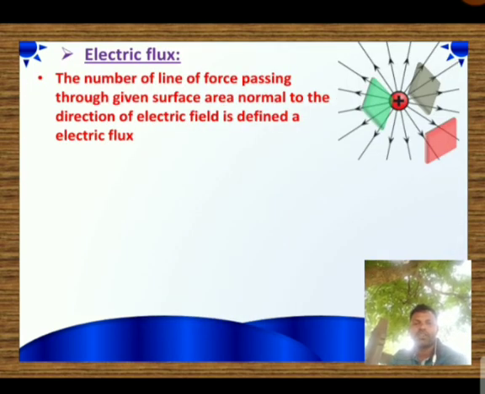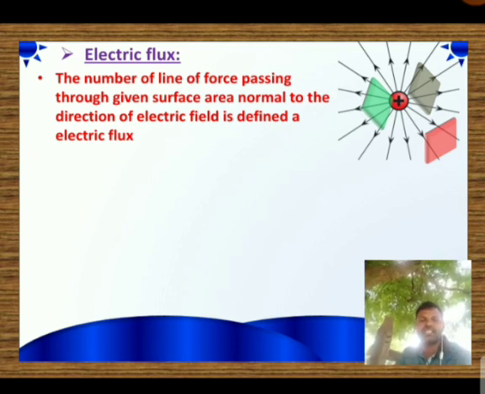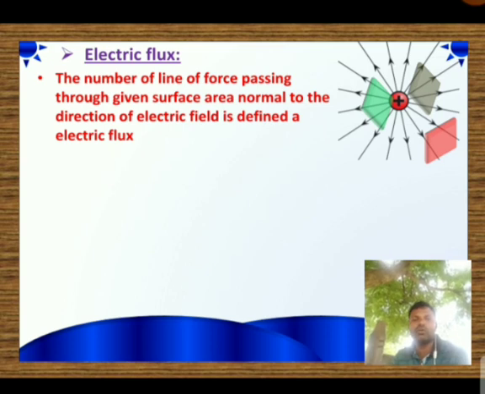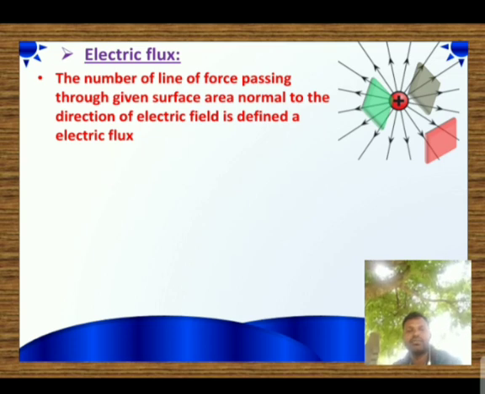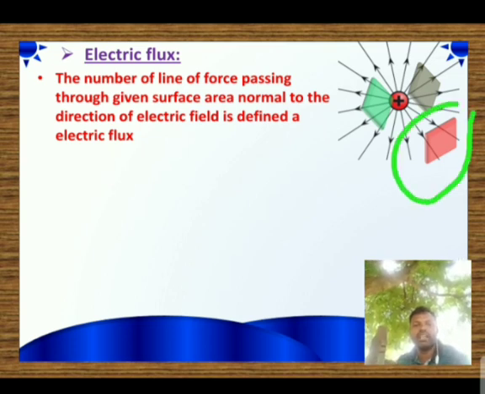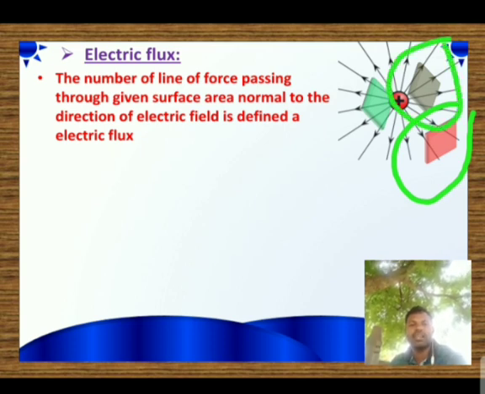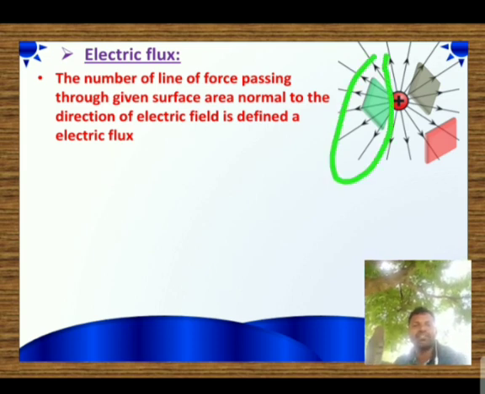Next we will look at electric flux. What is flux? Electric flux is nothing but the number of lines of force passing through a given area. If you see the diagram, I have taken equal area surfaces, one is red color, another is black, and another is green. From the red block, only 2 lines of force are passing. In black, only 4 lines of force are passing. In green, 5 lines of force are passing.